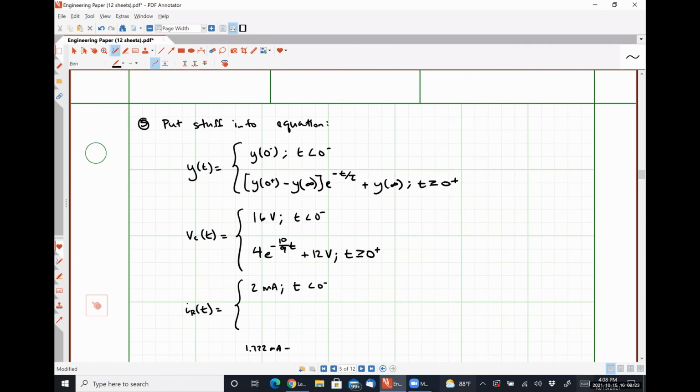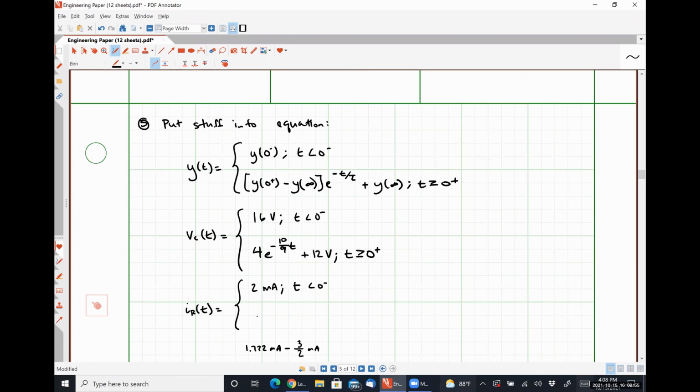And what was it at t is equal to infinity? 1.5. Positive 1.5, all right. So 1.722 minus 1.5 is 0.222.